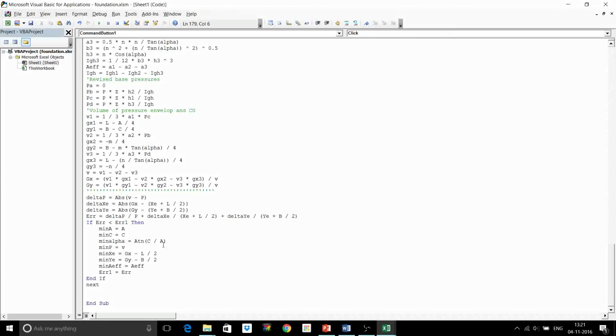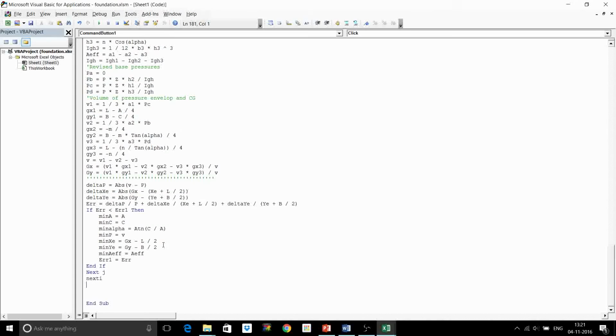Next J, next I. Here I want to type these values in our Excel sheet.